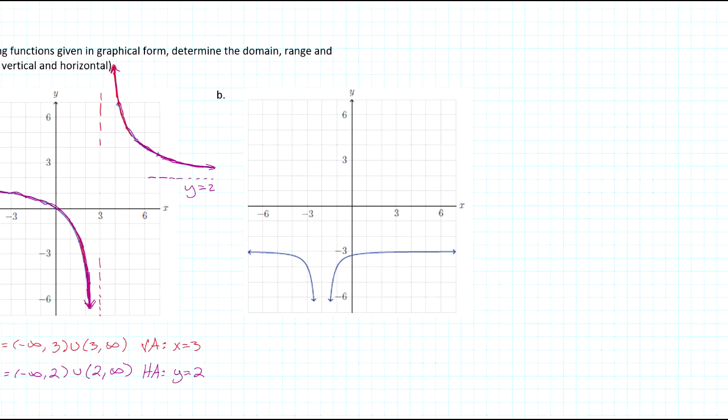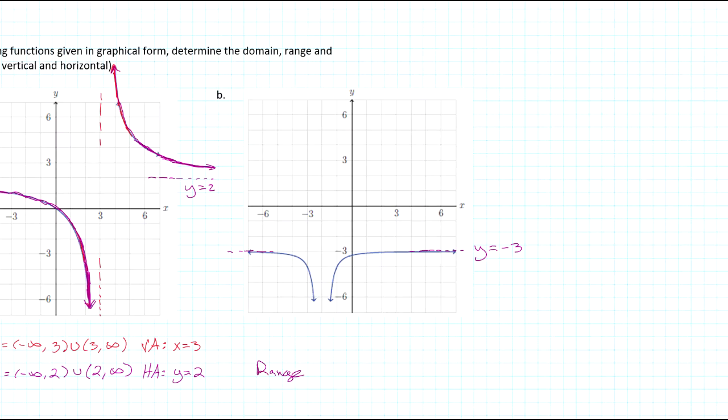For this problem, it looks like everything on the graph is underneath y equals negative 3. We see as it goes out to the left, as x goes to negative infinity, or as x goes to positive infinity, the y values are getting closer and closer to negative 3. And there's nothing above that. So I guess I'm doing the range first.